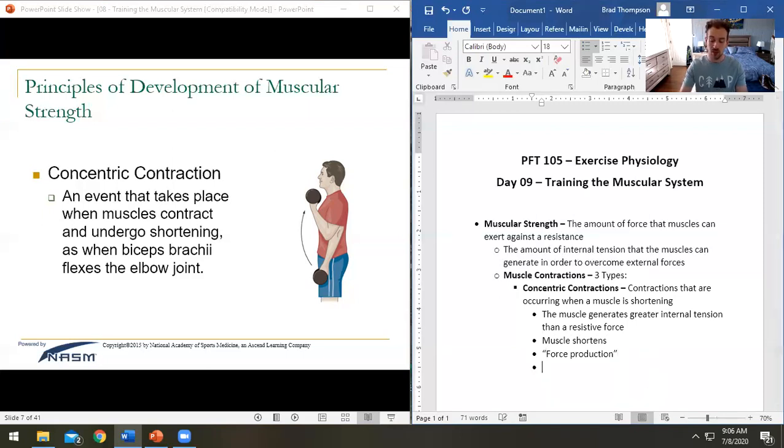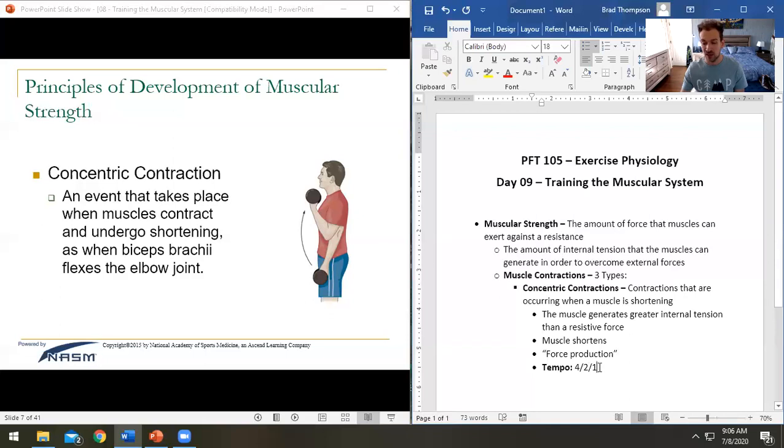And this is also going to be when we are labeling like tempos for training. So when we're looking at the tempo, let's say we're looking at a 4-2-1 tempo, right?